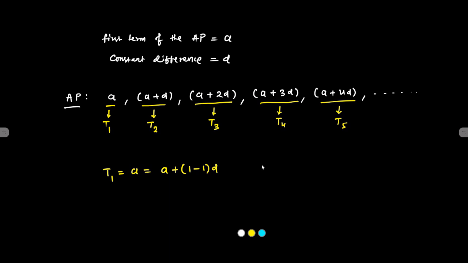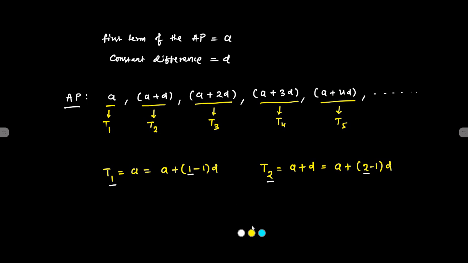We can write the second term, which is A plus D, as A plus 2 minus 1 into D. Now here you see, here it is 2, here it is 2, here it is 1, here it is 1.